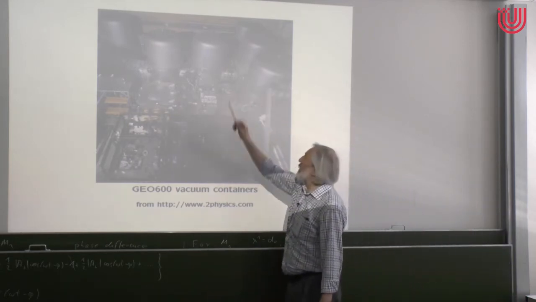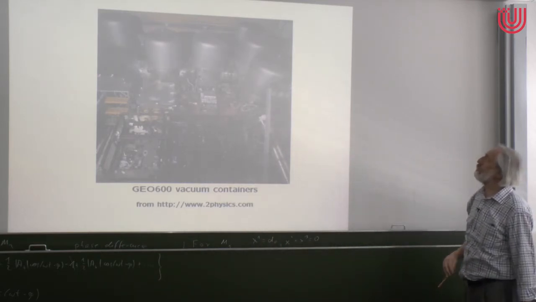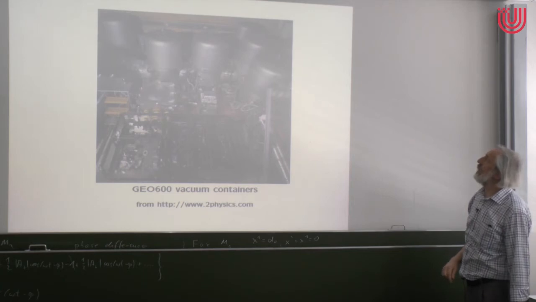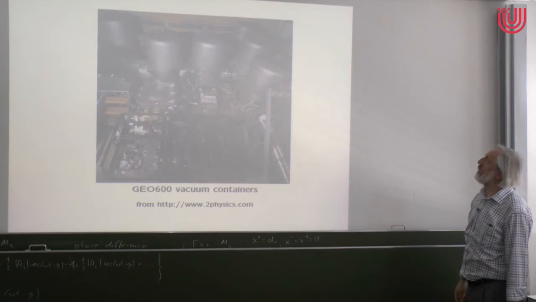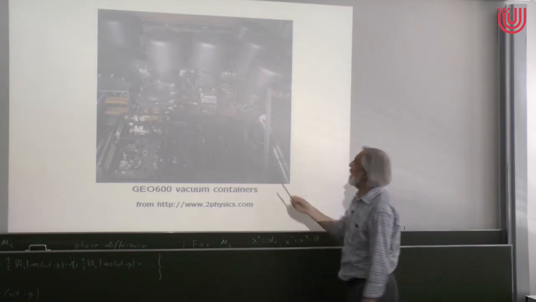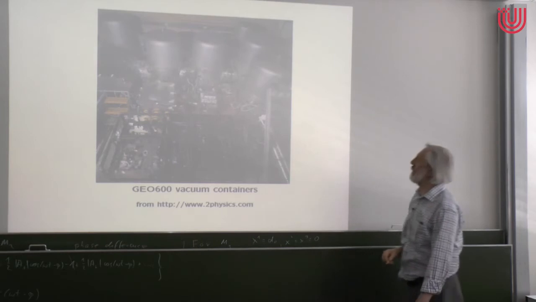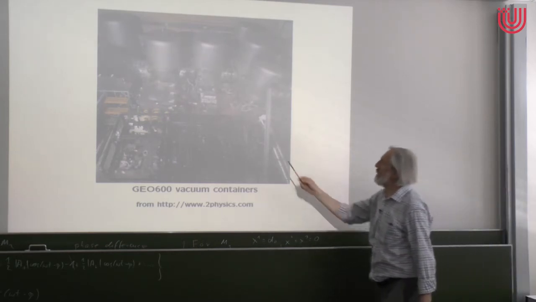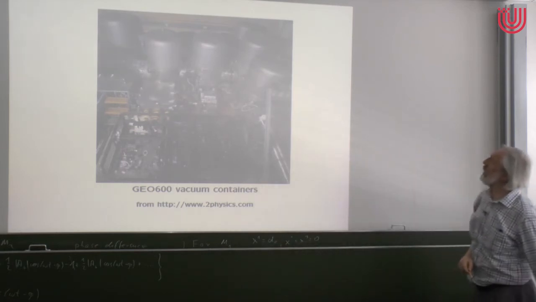And here you have these other containers, which are housing these secondary mirrors and the system where the laser light is coming in. I think this is the apparatus where they produce the squeezed light, if I remember correctly.